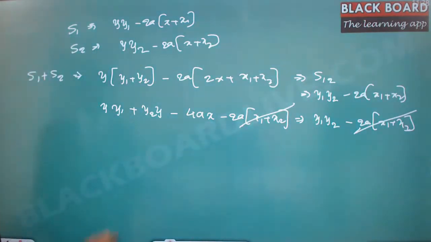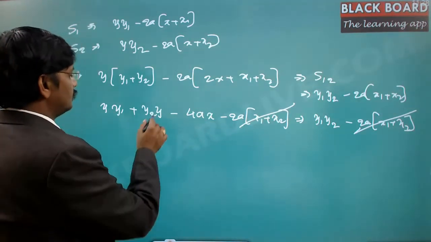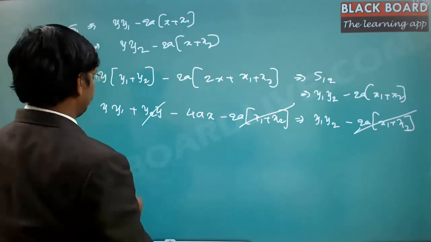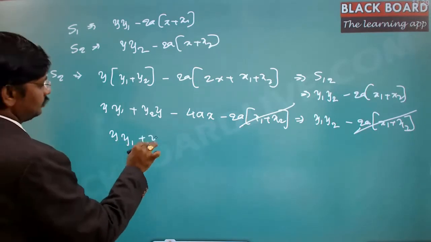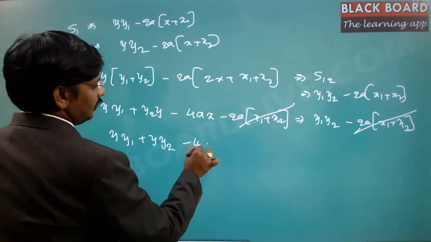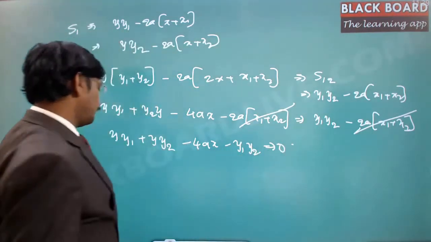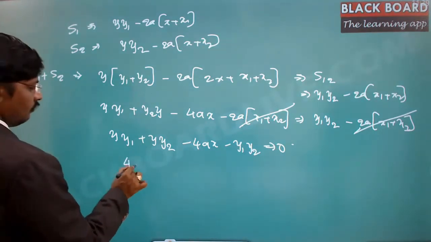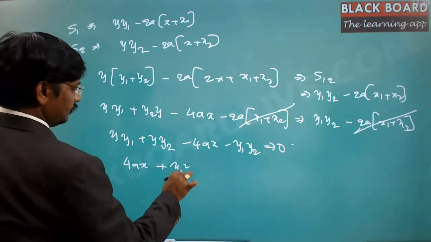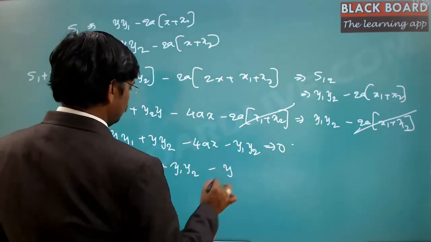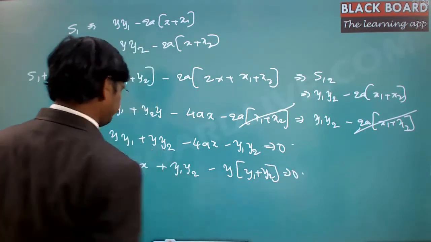So we are left with y into y1 plus y2 minus 4ax minus y1 y2. This value is equal to 0. Or this can be treated as 4ax plus y1 y2 minus y into y1 plus y2, and this value is equal to 0.